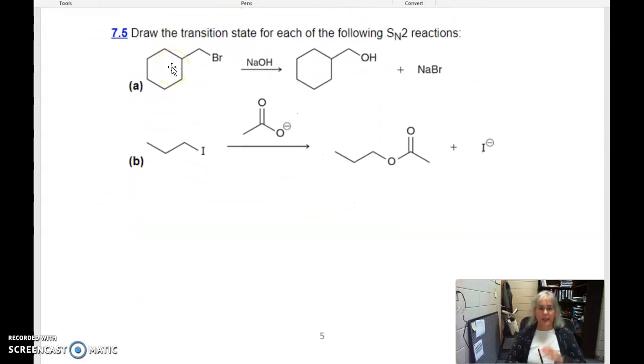Okay, so let's look at transition states. This is a concerted process. So what we'll have, this is the carbon that's of interest. So that carbon right there is here. And we'll draw everything else in blue. This carbon is attached to hydrogen. It's also attached to another hydrogen. And then it's attached to this ring. We're doing a transition state, so we're going to have a bromine here.